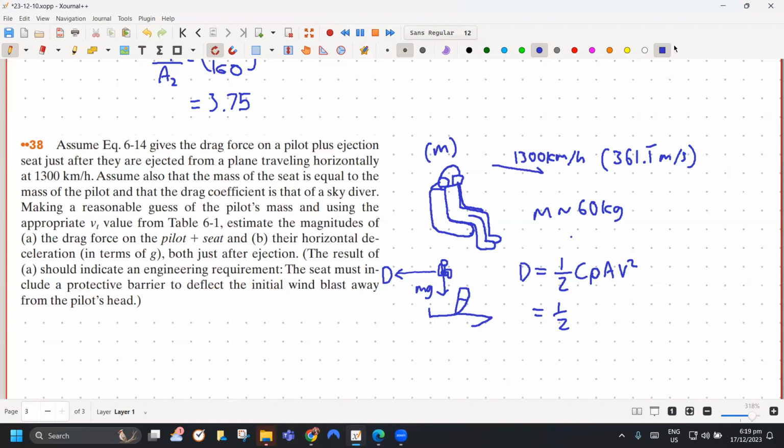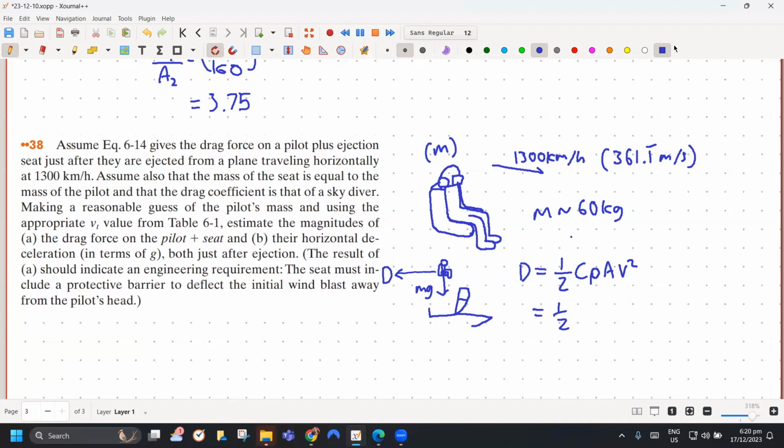To find the constant, what is the unknown combination? The C times rho, not times A, right? Yes, because we don't know the cross-section area. But let's just assume that the area of the skydiver and the area of the pilot are the same, since we have no information about their sizes. That is more reasonable.